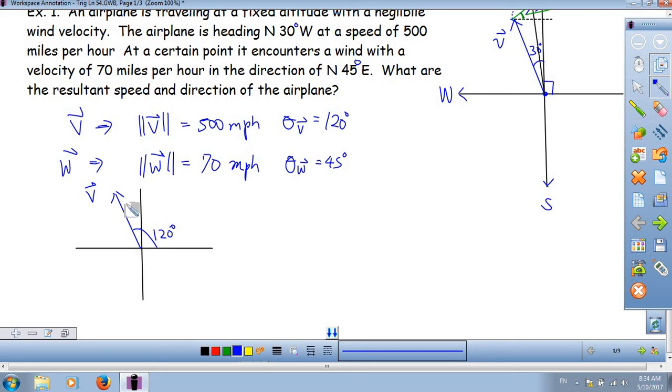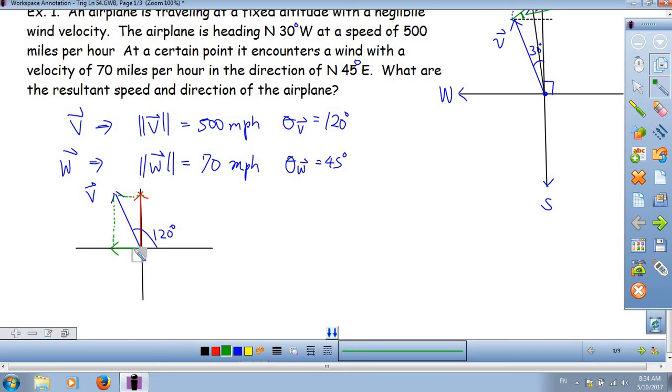We know the magnitude is 500, so we can break it down into two components, the y component and the x component. If I extend this line down here and this line down here, how do we get the y component?